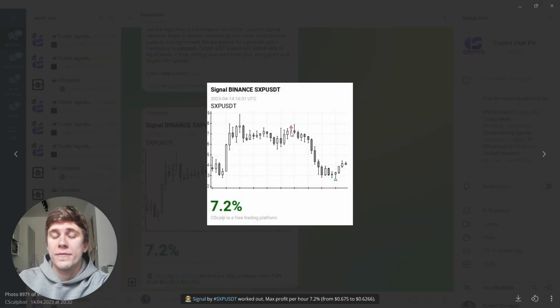And indeed, finally, the breakout of this slope initiated quite a sharp correction. And I really believe that most traders who participated in this movement had a chance to catch at least 5 or 6%, and the whole movement of the potential profit was 7.2%.